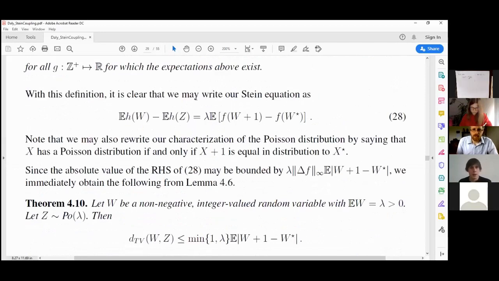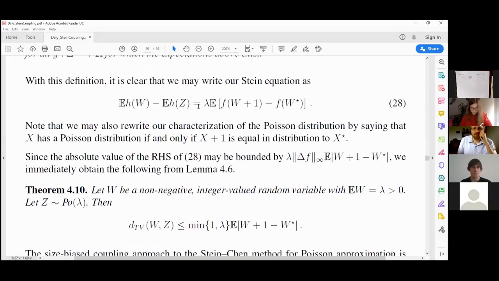We'll get back to monotonicity conditions in a minute, but let me just say something else first. As we said, it's clear that Stein's method for Poisson approximation can be thought of as a comparison between the shifted version of the random variable that I think is more or less Poisson versus its size-biased version.